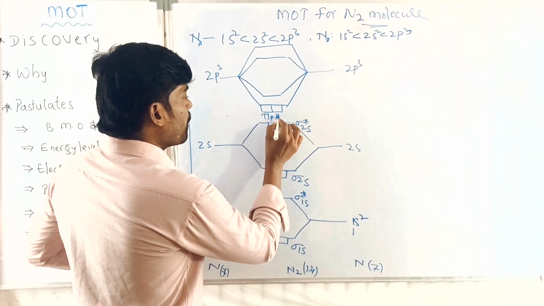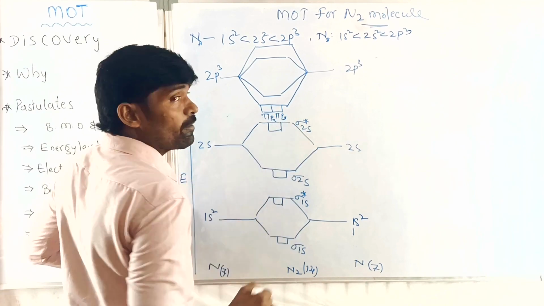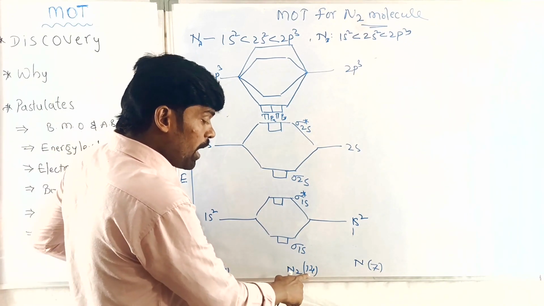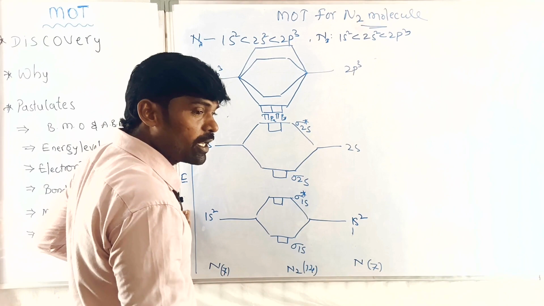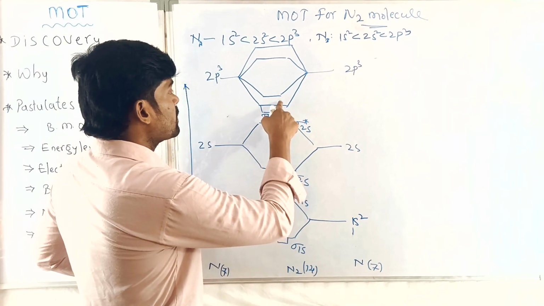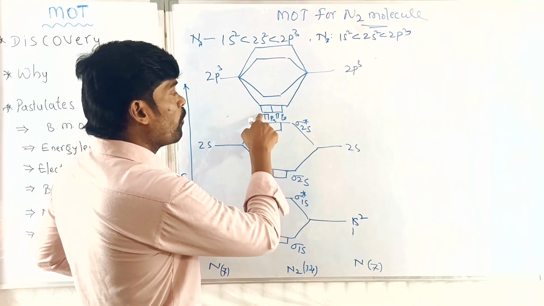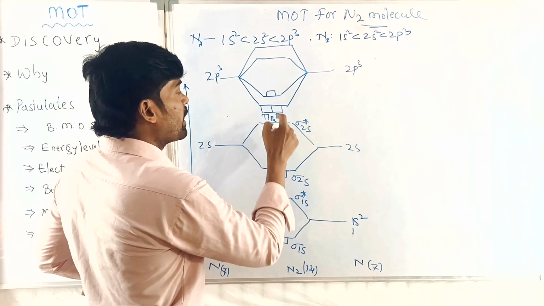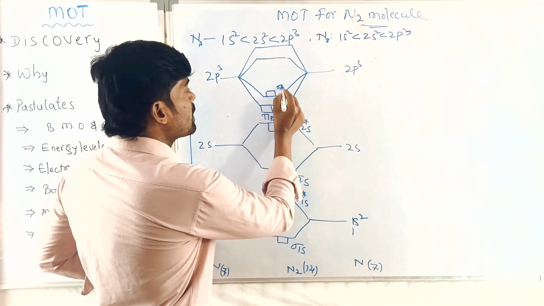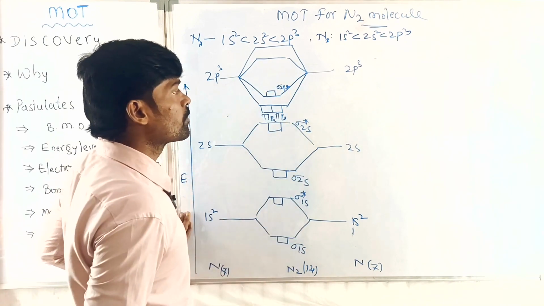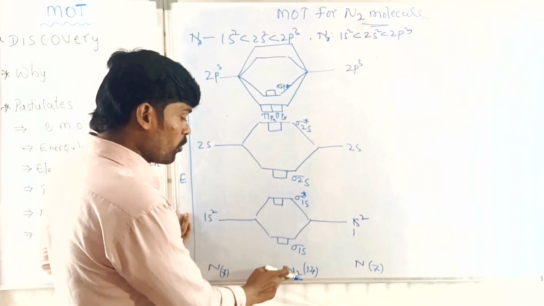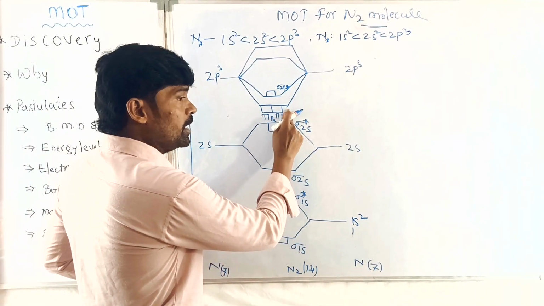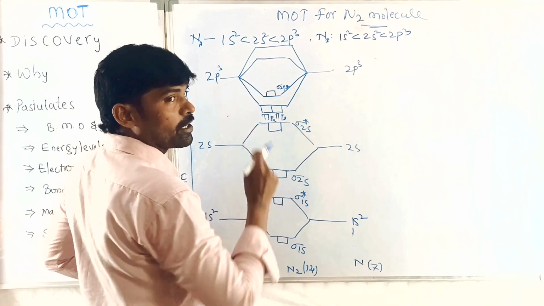When 2p orbitals intermix, in the ground level, pi 2px and pi 2py will be lower because the total number of electrons in the molecule is 14 or less than 14. The system will contain the lower energy pi 2px and pi 2py. The sigma bond will be higher in energy than the pi bond, sigma 2pz. If the electrons are more than 14 in the molecule, then the sigma bond will be lower in energy and the pi bond will be higher in energy.